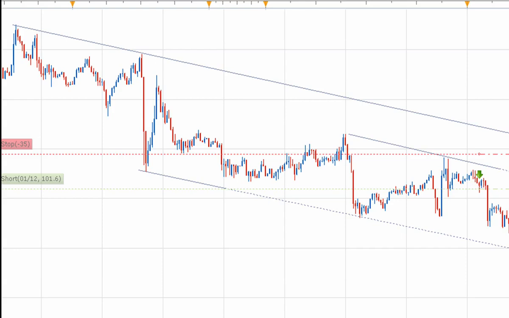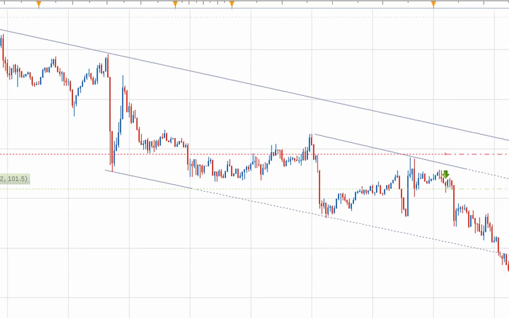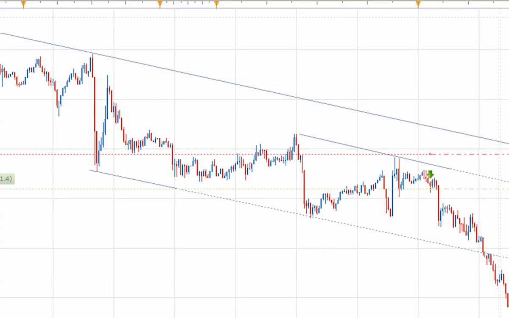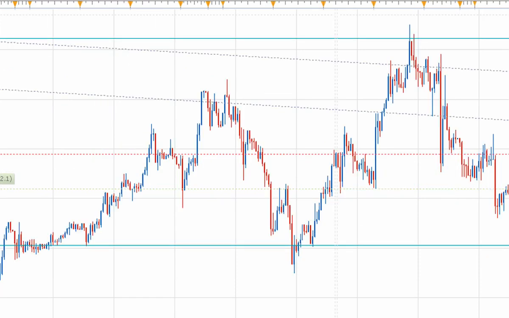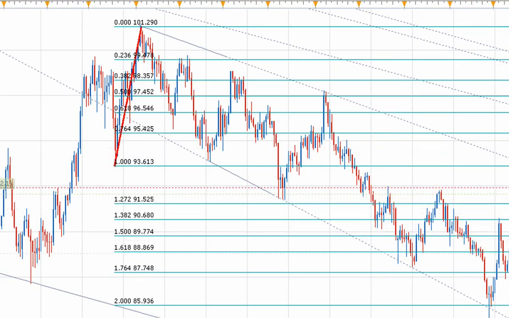My intention right now is that I will probably move my stop from this position here and bring it to my open position, which is over here. This is where I entered the market, and I'll let it ride for some more time. There is enough room still on the downside. If I go back to the daily or hourly charts, you can see there is enough room on the downside for the market to play out.